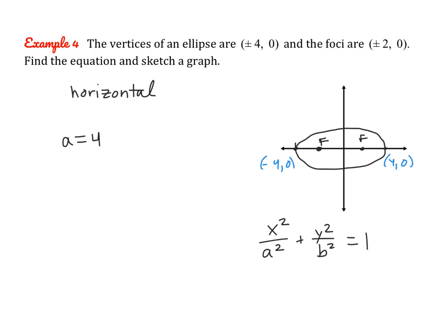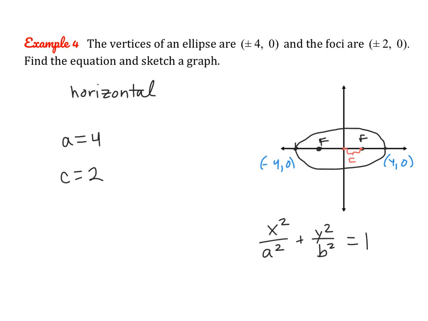Now, the other piece of information we have is actually C. So remember, C is the distance from the center to your foci. So we know in this case that C is 2, but we are still missing our B value, which we need for our equation.